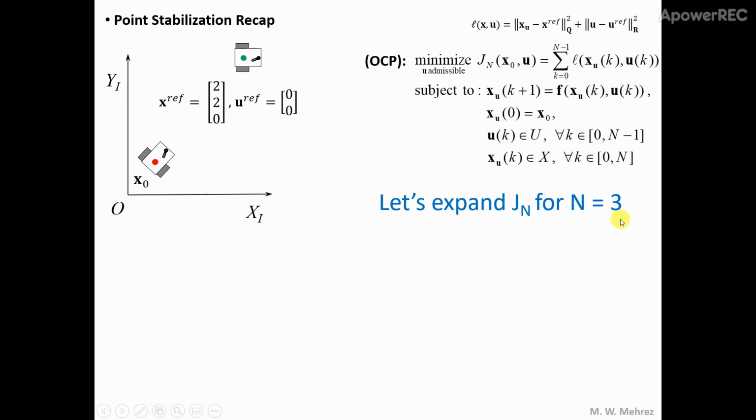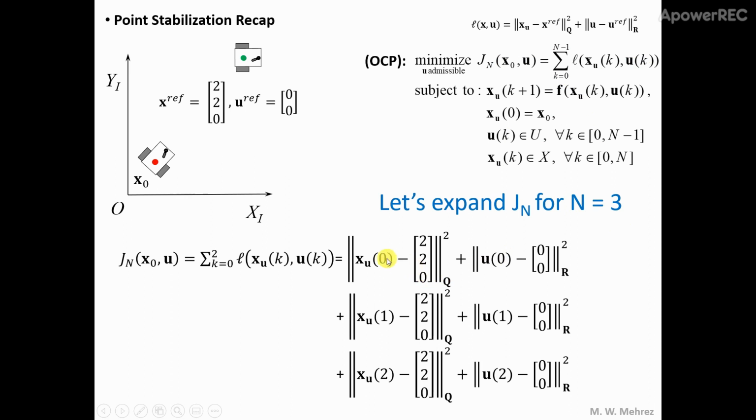If we do so and substitute the values for xref, since this is a point stabilization problem, you will see that the three terms for the running costs have a fixed xref, 2, 2, 0 here, repeated for all the prediction steps, and also uref is fixed and equals 0 for all the prediction steps.